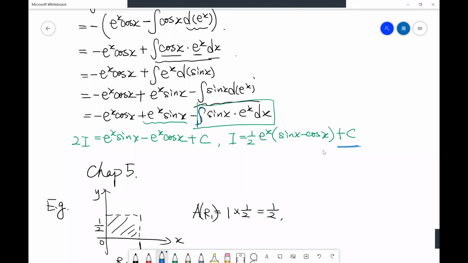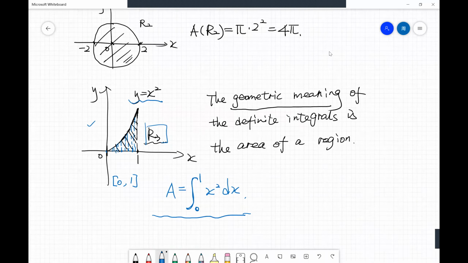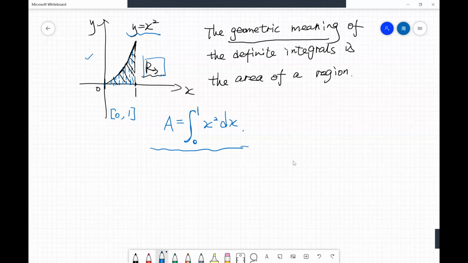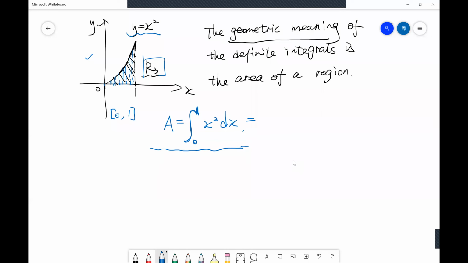But here we have a lower limit and upper limit here. To make it, you will get one single constant here. That means the area of this region. So the result of definite integral should be a constant.